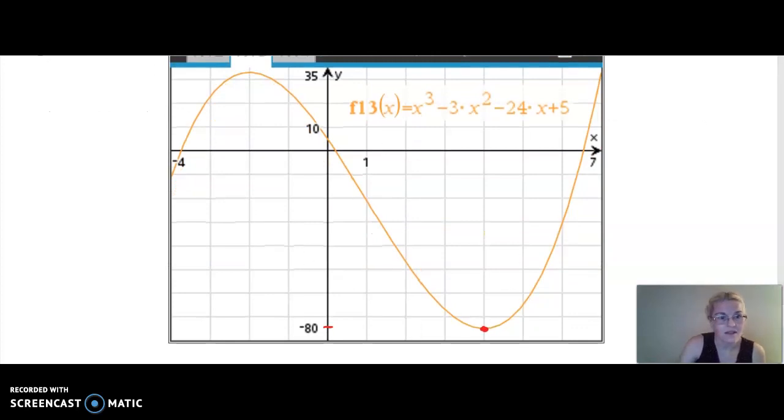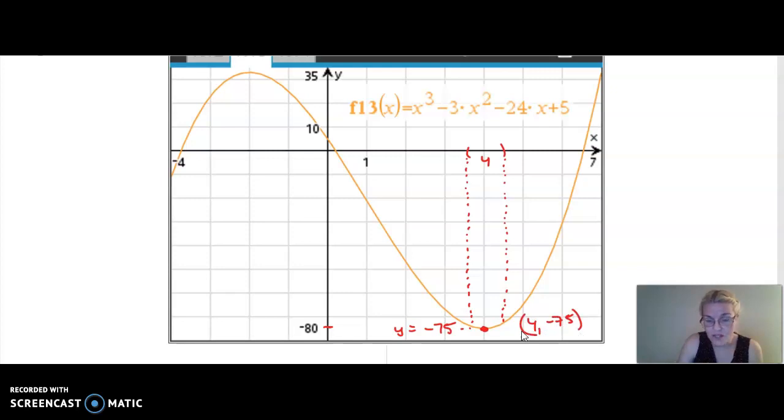So y equals -75, that's the local minimum value because that y value is less than any y values you're going to get in this small little neighborhood interval around this x value, which was 4, right? So this point 4 comma -75, the local min is the value -75. That's the local min value, and it occurs at 4.